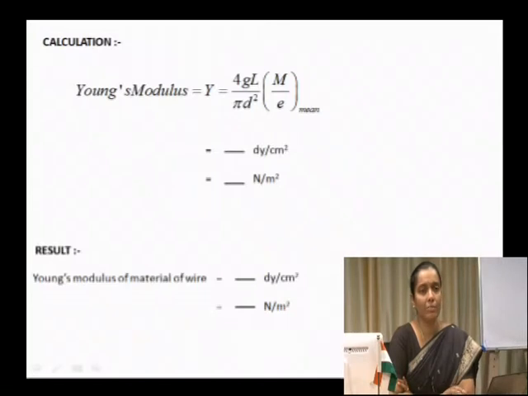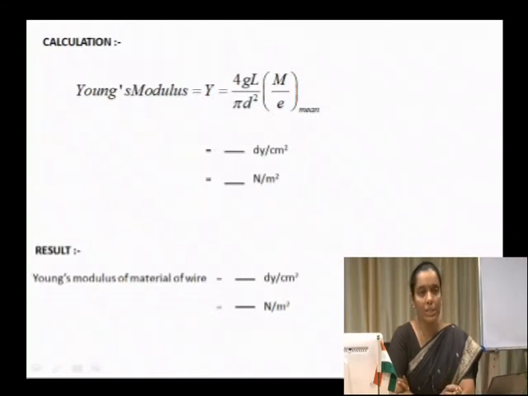Searle's apparatus is a simple apparatus. It's similar to the screw gauge, which is used to measure the diameter of the wire. So, once we know how to use the screw gauge, we can easily take the readings on the Searle's apparatus. The only thing we have to know is to adjust the spirit level so that it comes to the center.